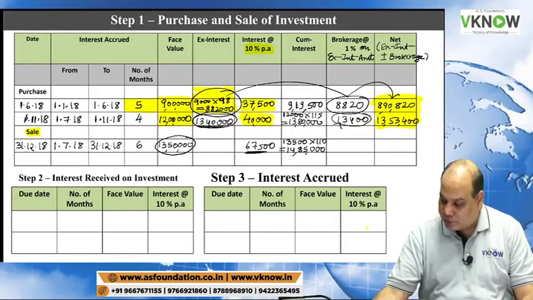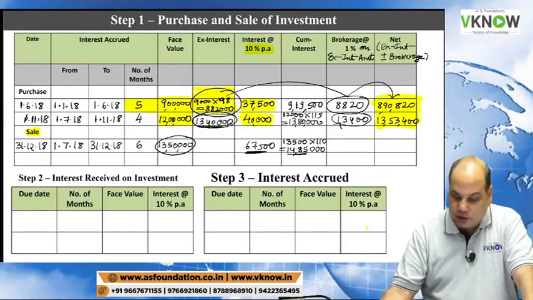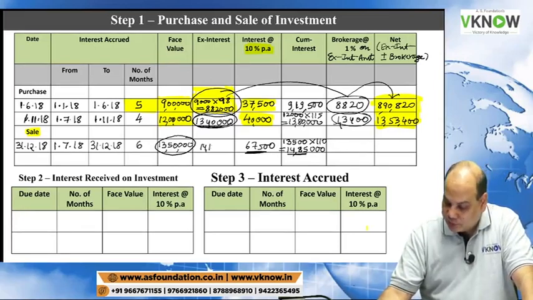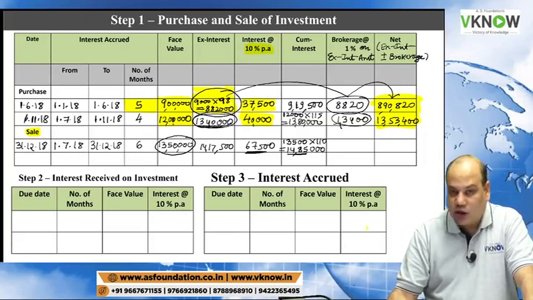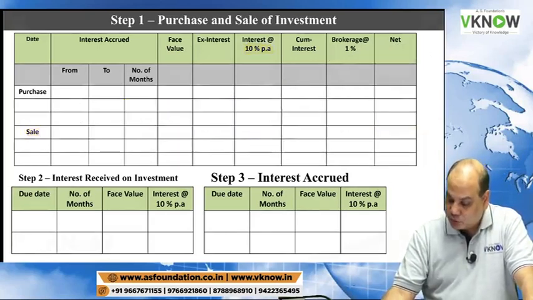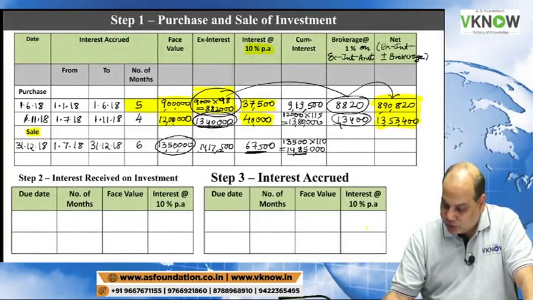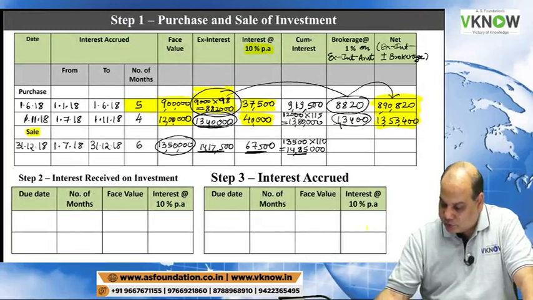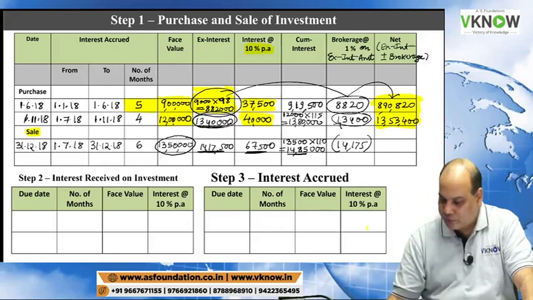Deduct 67,500 from 14 lakh 85,000, and that is equal to 14,17,500. Right. Take brokerage 1% on that, brokerage on the ex-interest amount, which will be 14,175 in bracket.